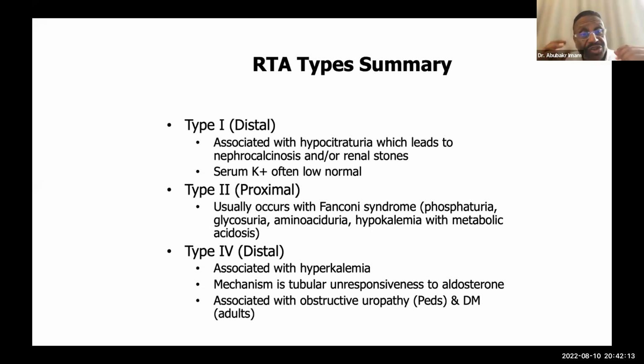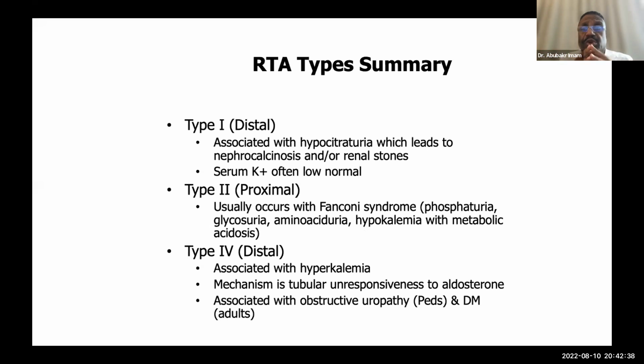Type 2, which is the proximal one, usually occurs with Fanconi: phosphaturia, glucosuria, aminoaciduria, hypokalemia, and acidosis. Again, hypokalemia can be a presentation for these patients. You have to address the underlying cause, such as cystinosis, to manage it.